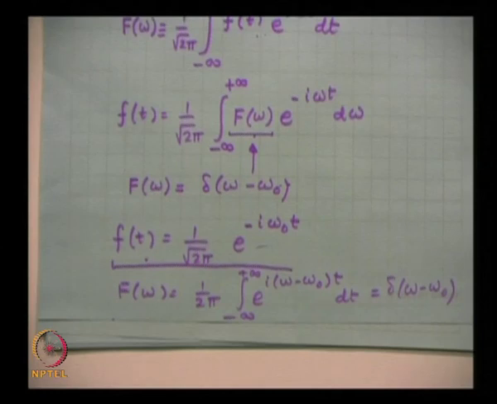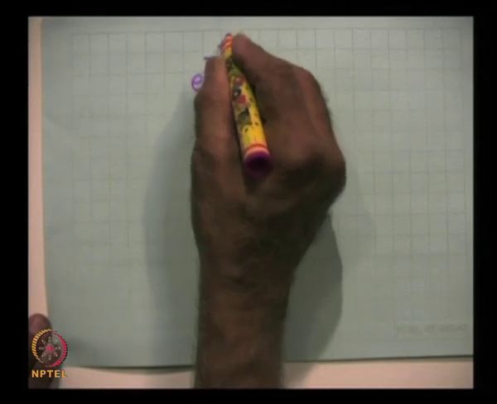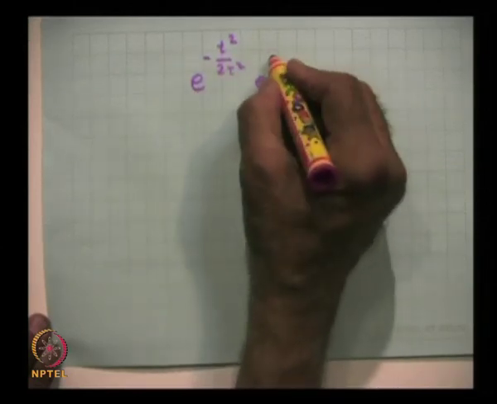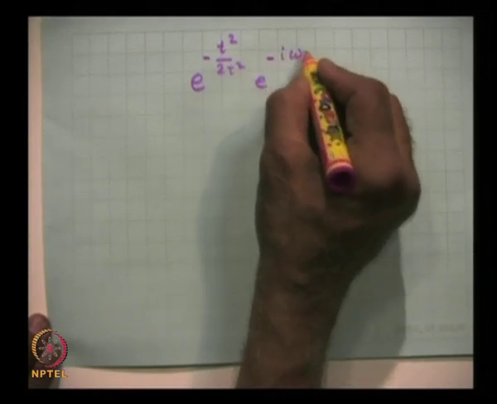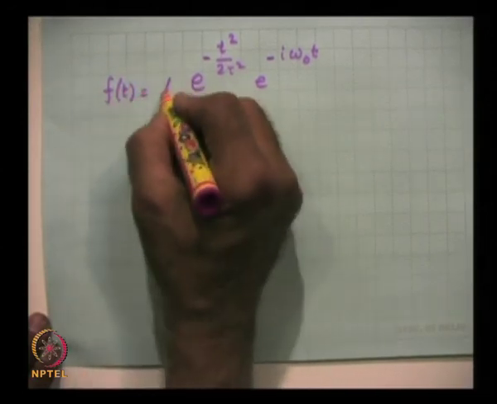So, let me consider a simple function: e to the power of minus t square by 2 tau square, times e to the power of minus i omega 0 t. Let us suppose that my time dependent function f of t is something like this.